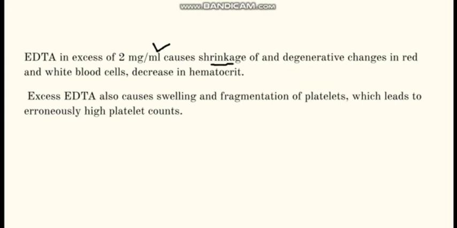Next we see some local hemostatics. Local hemostatics are also known as styptics.